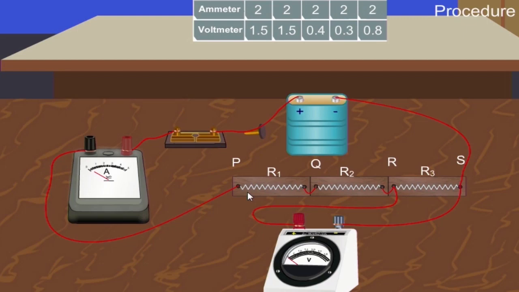We can see above, and importantly, the total potential difference represented by capital V is equal to the sum of all the individual potential differences V1, V2 and V3. If we add them up, the total sum is equal to the total potential difference.